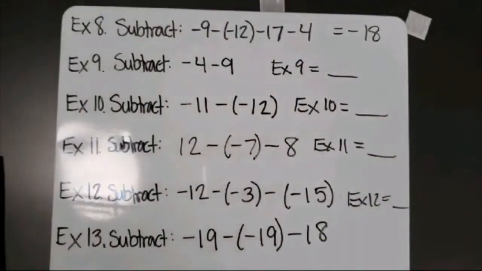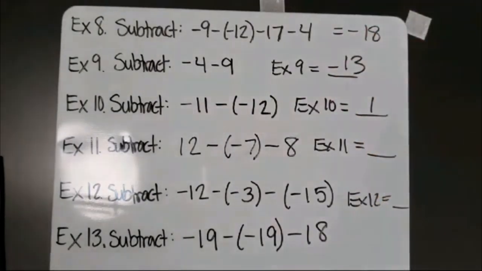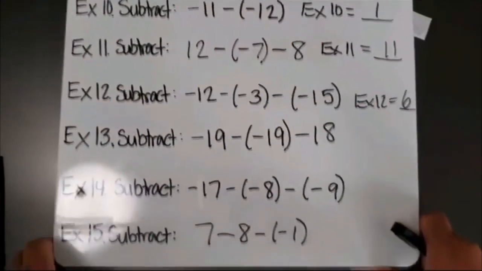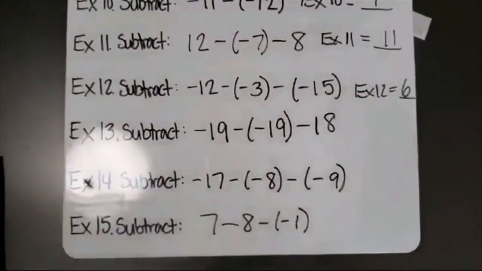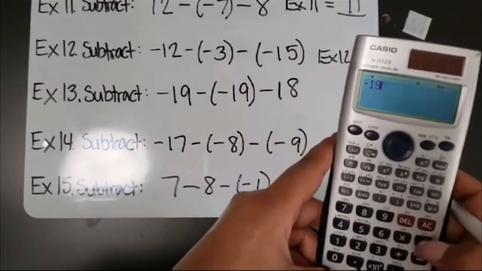All right, so for 9, 10, 11, and 12, you should have negative 13, 1, 11, and 6. Okay. So let's do the last 3 together to make sure that everybody has got it. All right, so for number 13, we have negative 19.